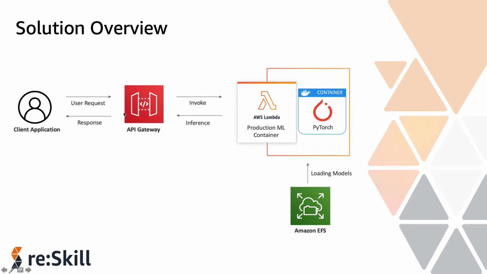The client will send an HTTP request using the API Gateway, and that API Gateway will trigger a Lambda function, which will then read the model artifacts stored in Amazon EFS storage. So before we even start the invocation, we have to make sure that all the model artifacts are saved in Amazon EFS. That's the whole idea.